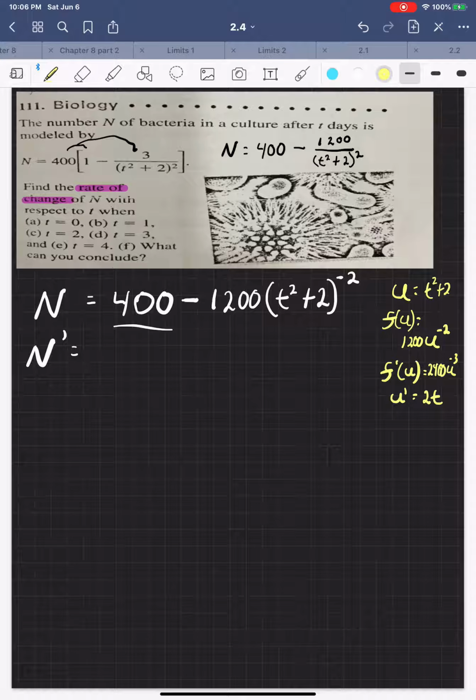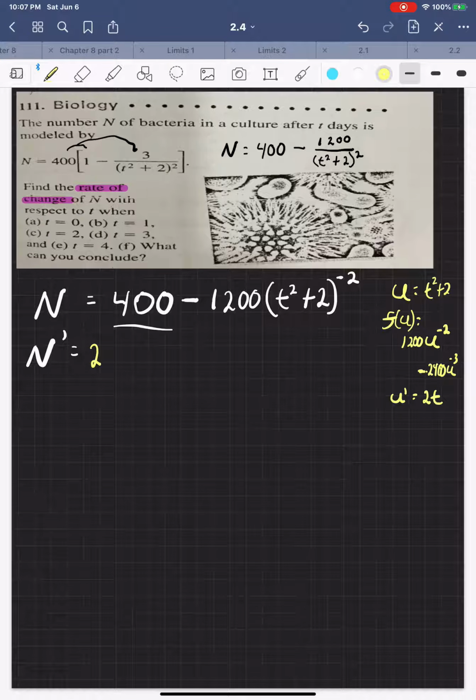Okay, so let me now just get to n prime. So this would end up being, I should have put a negative here. My apologies. It's going to end up being positive in the end.